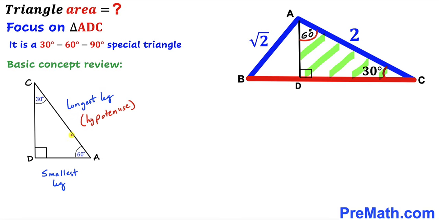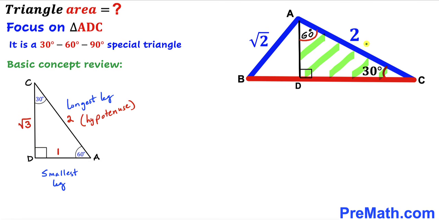In such a special 30, 60, 90 triangle, the longest leg is always twice the smallest leg. In other words, if the smallest leg is 1, then the longest leg is going to be 2, and the third leg has got to be the square root of 3.